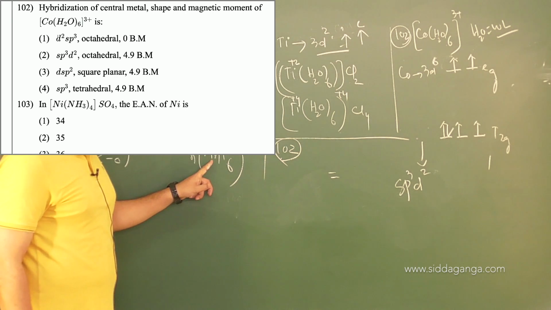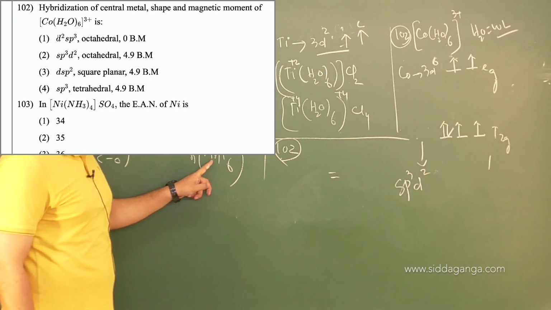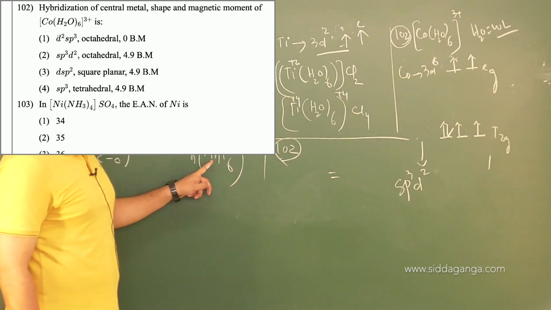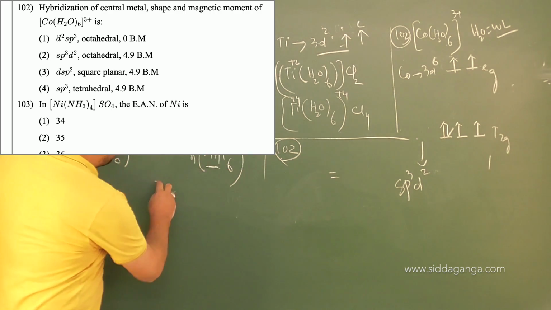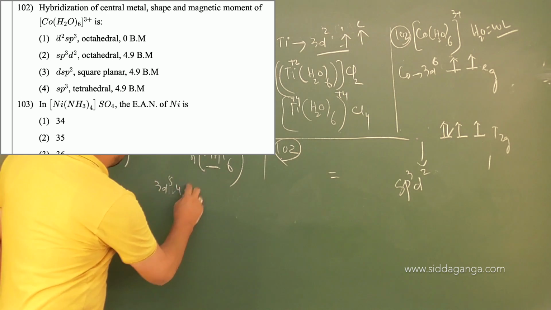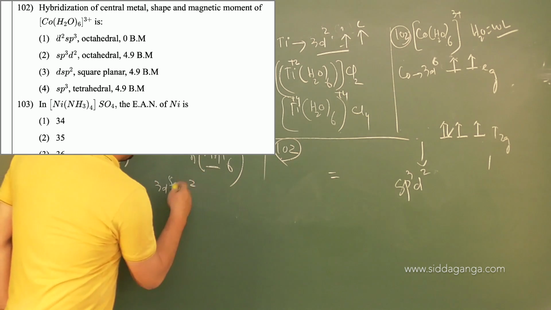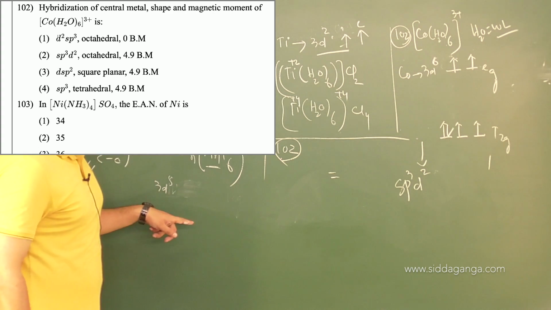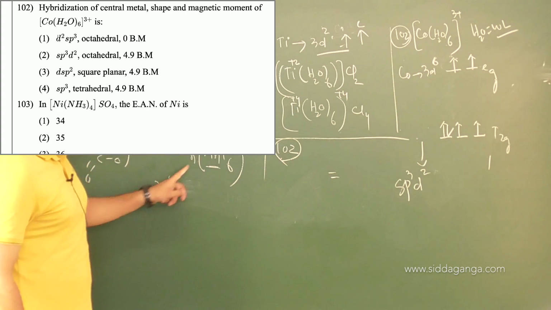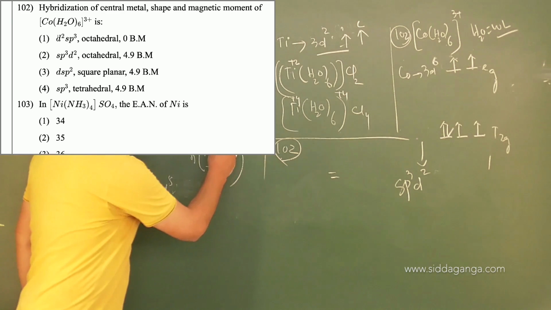There also the magnetic moment was 4.9 Bohr magnetons. That means the number of unpaired electrons will be 4. So for manganese to have 4 unpaired electrons, it is 3d5 4s2. Right? So it has lost 2 electrons from where? s. Yes or no?